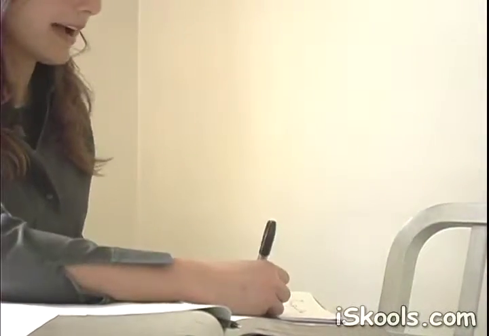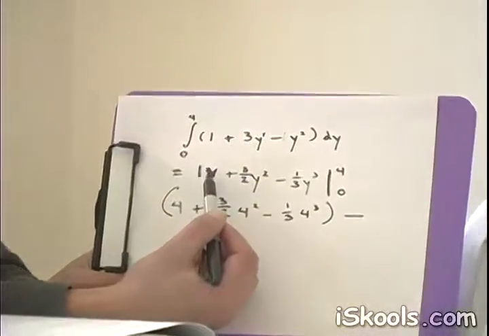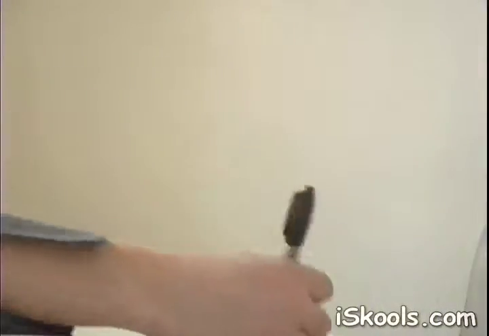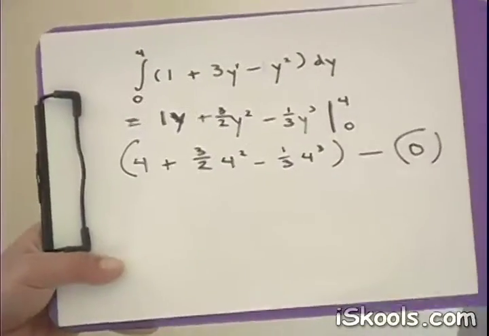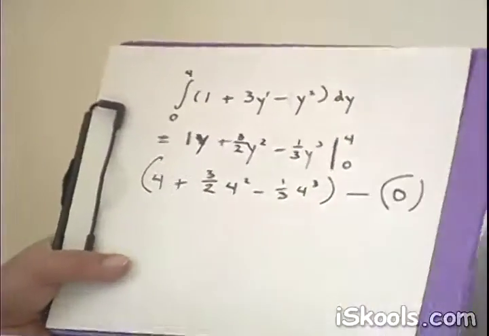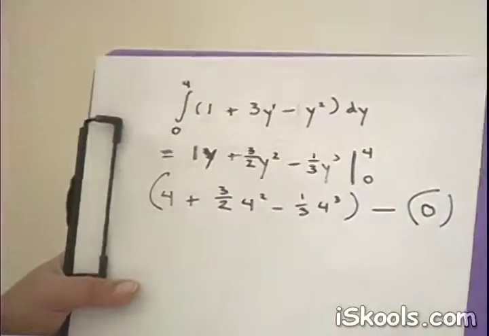Then I subtract the second limit, which is 0. So I'm going to plug in 0 and 0 and 0. And so I could actually just take a shortcut and write 0 there, because it's pointless to write out the complete integral again, plugging in 0, because it will simply equal 0.